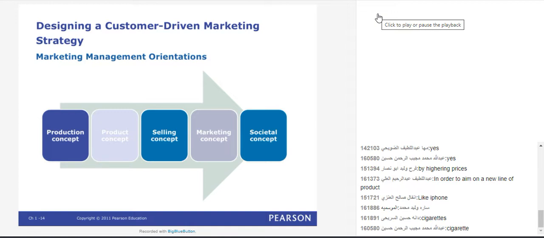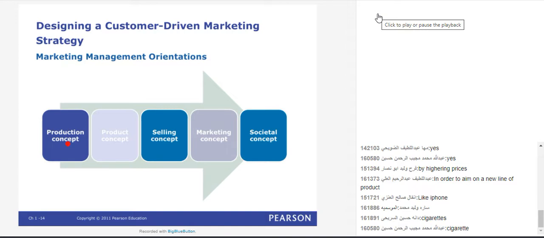Marketing went through 5 stages until we reach what we know now about marketing: the production concept, the product concept, the selling concept, the marketing concept, and finally the societal concept. We call them the marketing management orientation. You have to understand how marketing was developed.